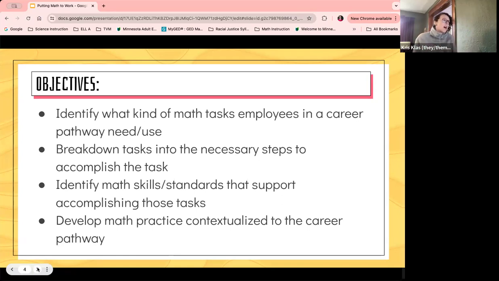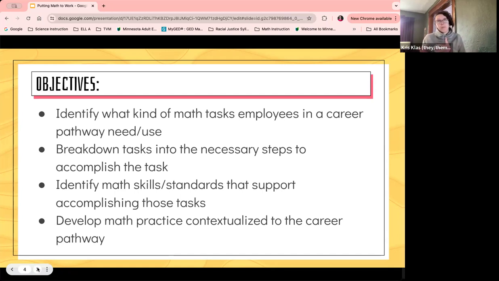So we're going to talk about how do we figure out what math these students need. And then how do we break down those tasks into the necessary steps so that students can accomplish it?